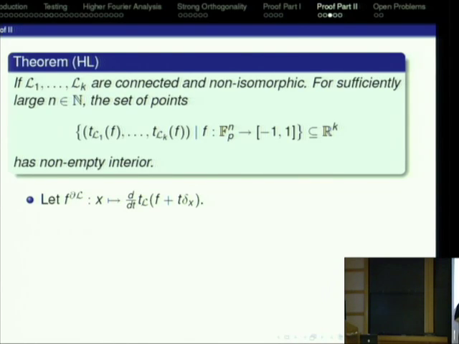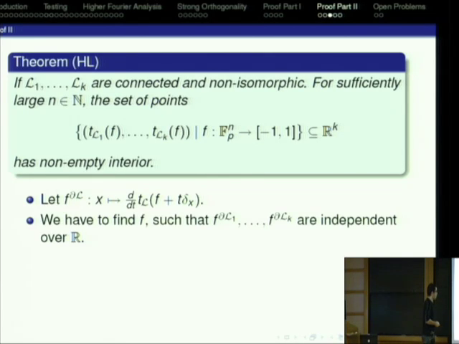I take f plus the Dirac mass, or mass function, on x, so that's just 1 on x, and add a multiple of t to f. So this is a function, and I take its derivative with respect to t. Now, we have to find some functions f such that these are linearly independent. If we can do this, we are done, because we can move in different directions, and then the interior will be non-empty.